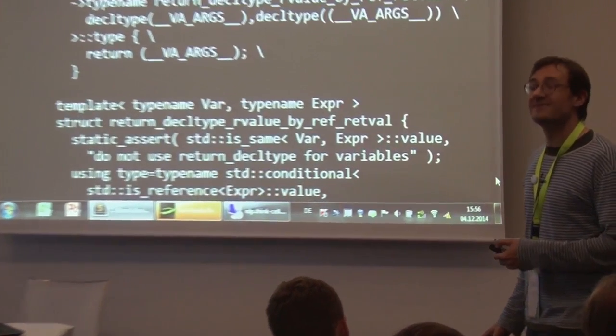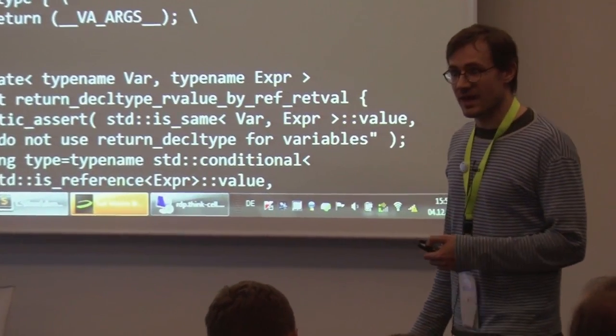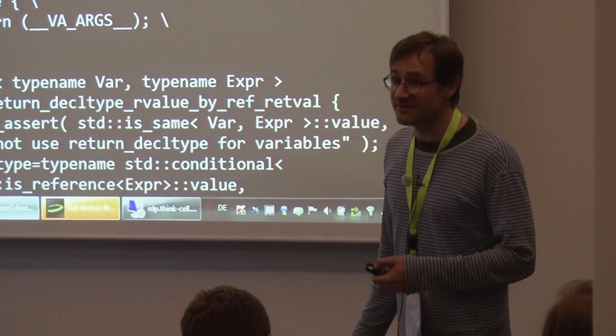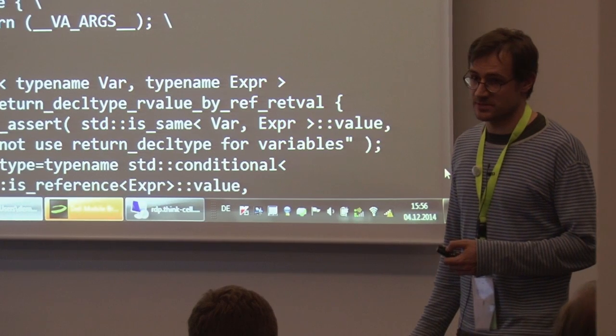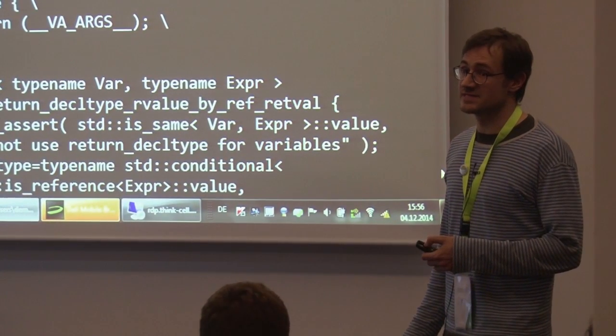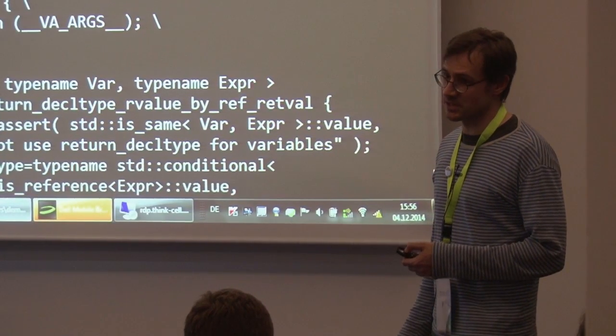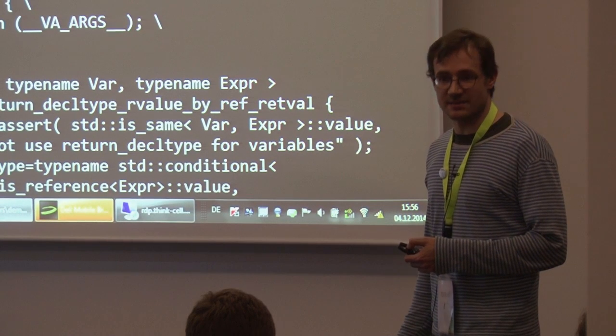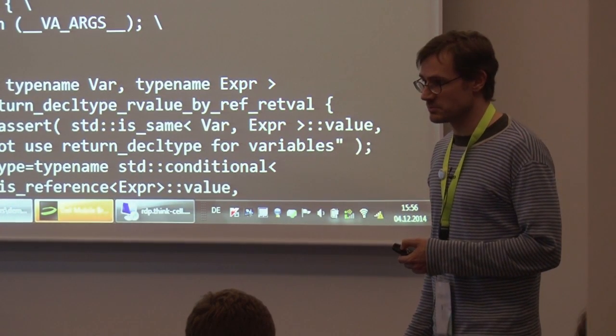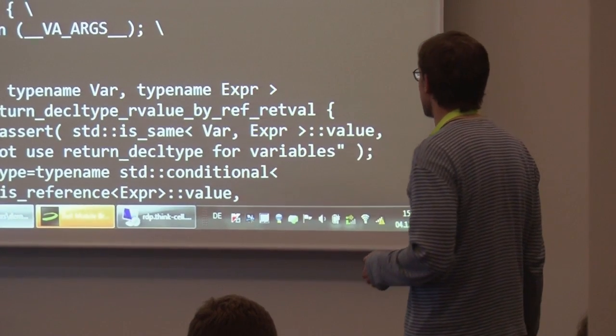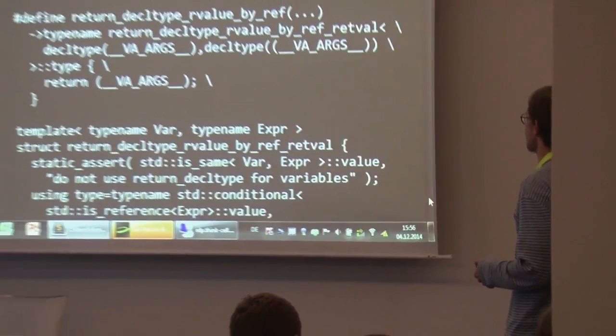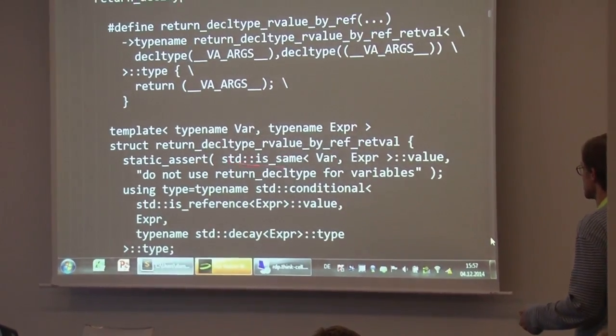It's okay. If it happens to be a variable, then they are going to be the same only if that variable is an L-value reference. If it's an R-value reference, or if it's a value, most of the time, hopefully it's going to be a value, then you will get something else, and then I can scream at you. Okay? So that's why I'm always passing in both, so I can write these static asserts here.